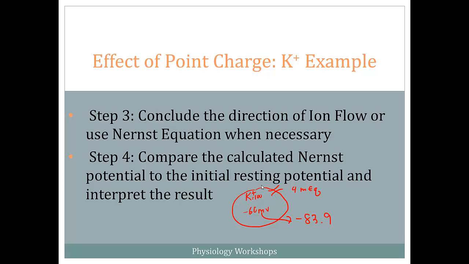So the only way to do that is to move potassium out of the cell. And that's going to happen essentially until we reach that potential of negative 83.9, which is our equilibrium potential.